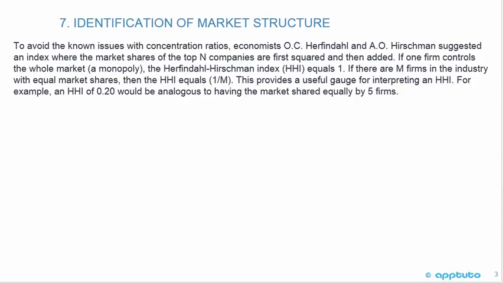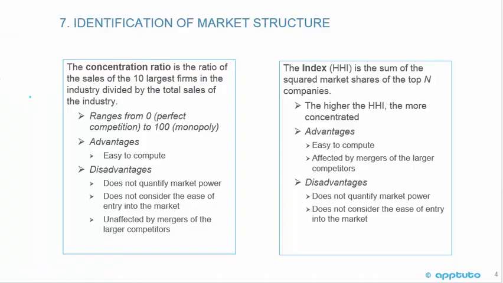If there are M firms in the industry with equal market shares, then the HHI equals 1 divided by M. This provides a useful gauge for interpreting an HHI. For example, an HHI of 0.2 would be analogous to having the market shared equally by 5 firms.